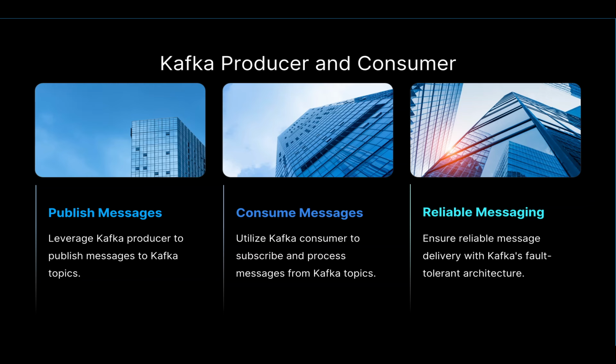To produce a message in Kafka, we have the aspect of a producer and a consumer. Basically, a producer produces the message and broadcasts it to the topic, and then the consumer reads or consumes a message from a specific topic.